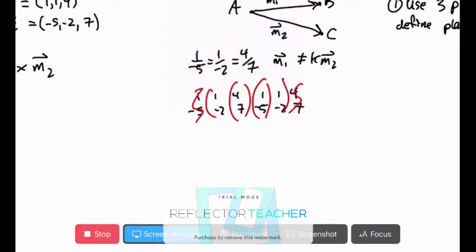Let's find our X, Y, and Z components. Remember, once again, cross product is a vector which is perpendicular to the 2 vectors we're looking at. So 7 minus negative 8 is 15. And negative 20 minus 7 is negative 27. And negative 2 minus negative 5 is negative 2 plus 5 is 3.